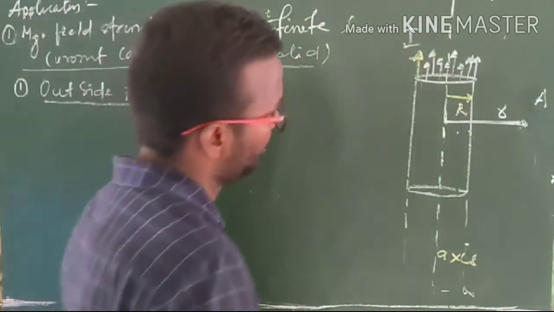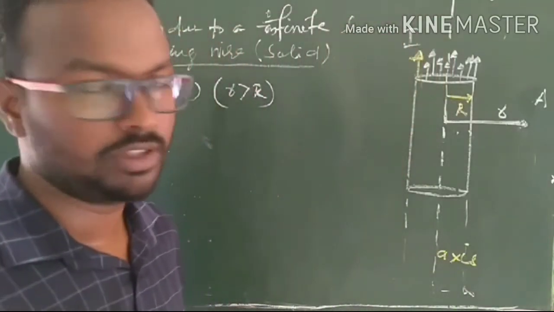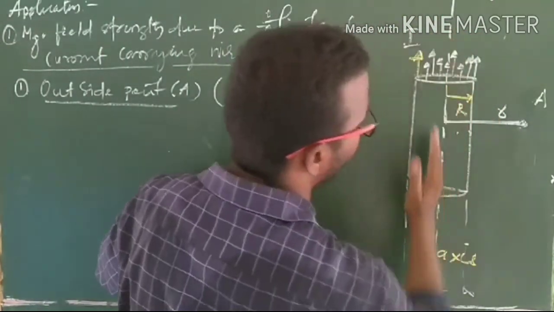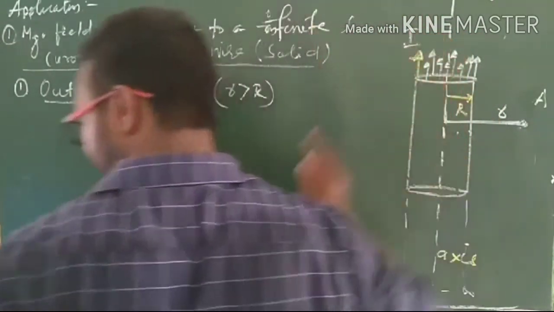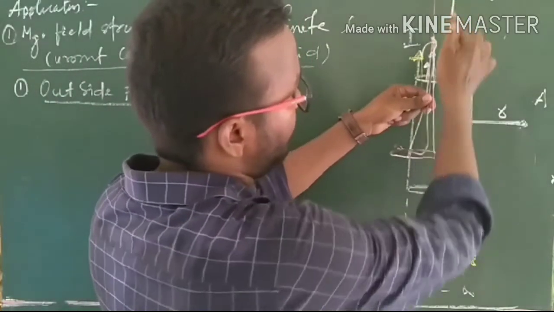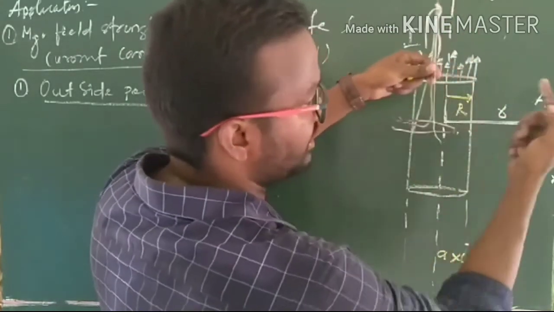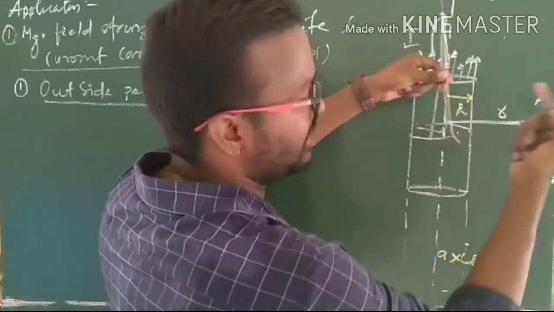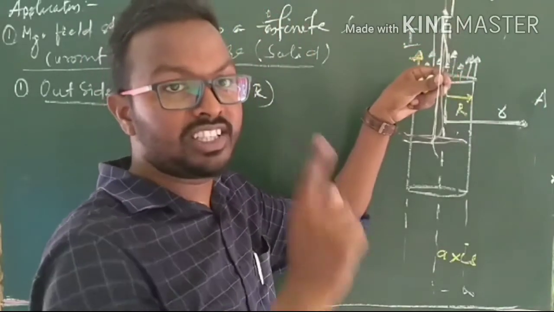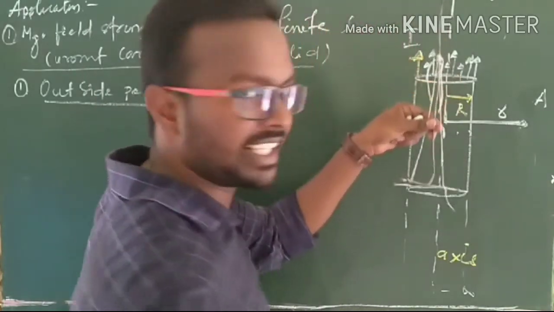Now first we have to draw an Amperian loop, and imagine that this is the direction of flow of current. If this is the direction of flow of current, then this is the direction of magnetic field, in this way. These are the magnetic lines in this way. So we have to choose an Amperian loop which is symmetric to the magnetic lines.